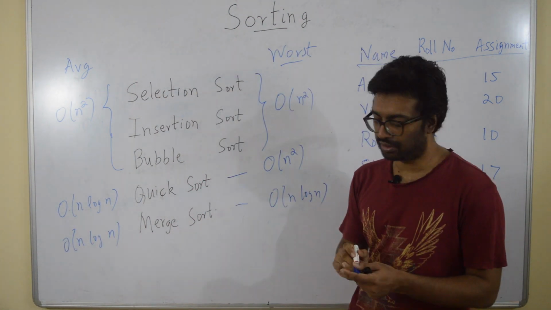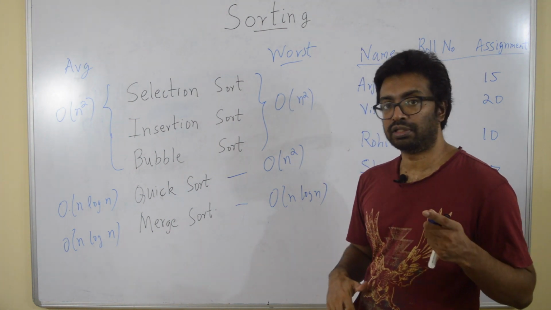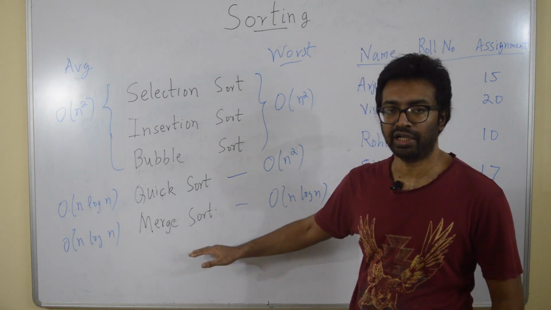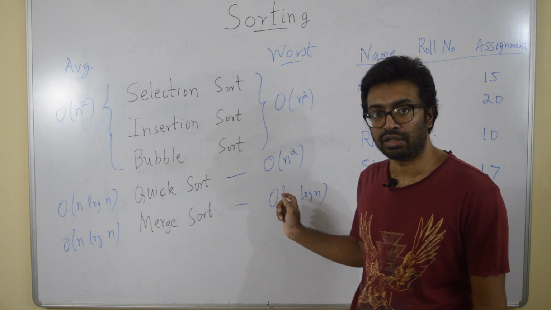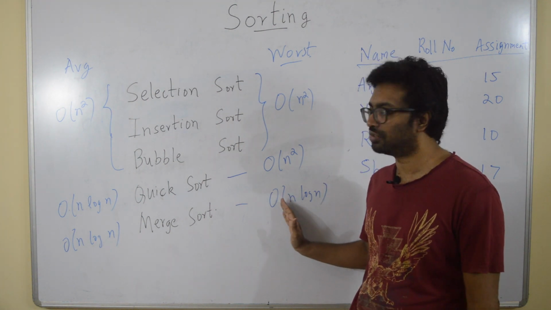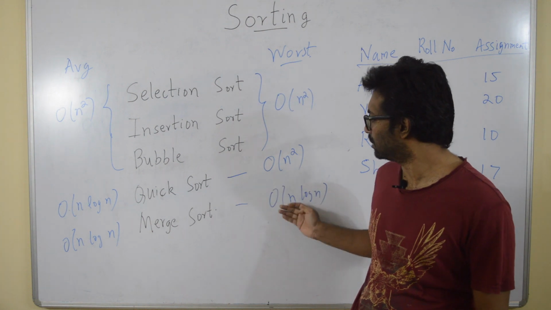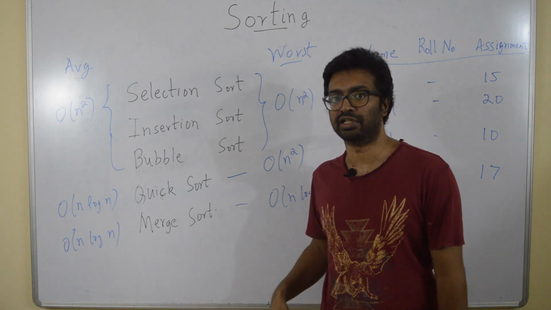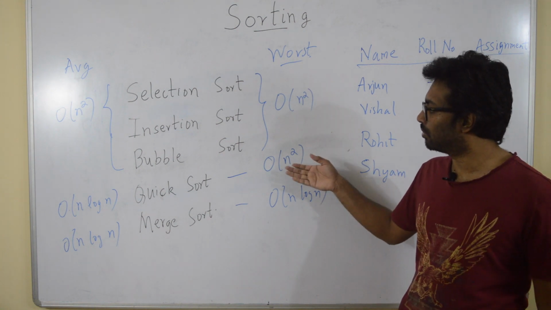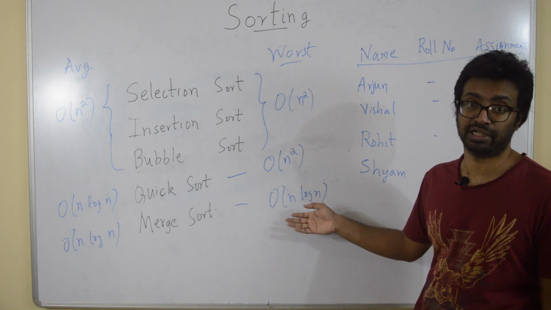But in spite of that, merge sort in the worst case being order of n log n, that way it's better than quicksort. N log n is better than n square, in the sense it's faster than n square. So compared to quicksort, merge sort is better in the worst case.